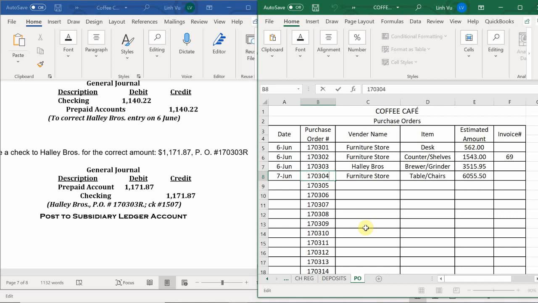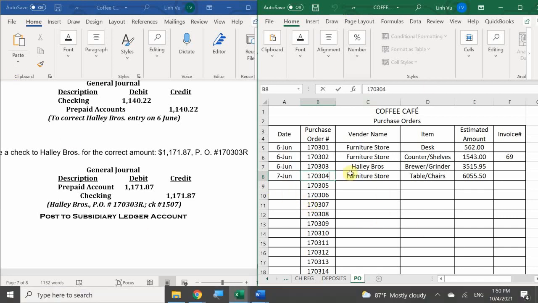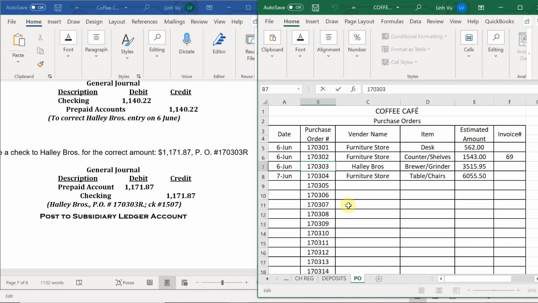So I'm going to insert it right here, 303, and put the letter R on there so it reflects that we revised it. But at the end of the day, we're not the ones writing or creating these purchase orders. All we're responsible for is keeping track of it. Yep. Okay, so there you go. My purchase order has been revised.